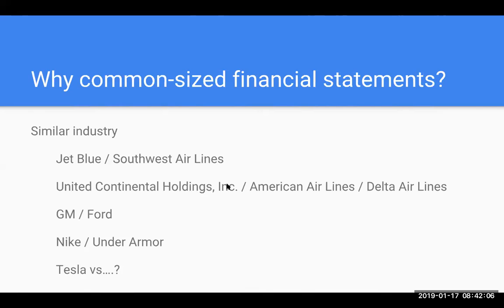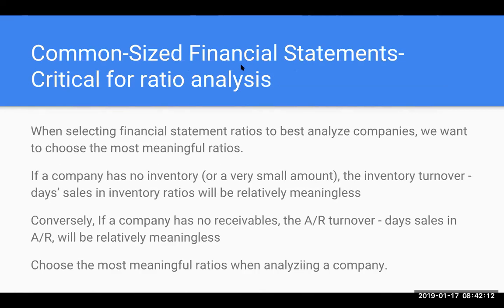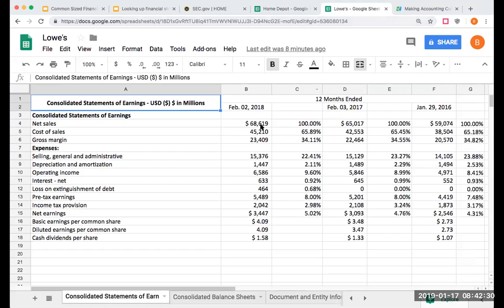And just to see what I mean by common-sized, what we're going to be doing a little bit later today, hold on. So what we mean by common size is I'm taking a company here like Lowe's and I'm converting their income statements into percentages.